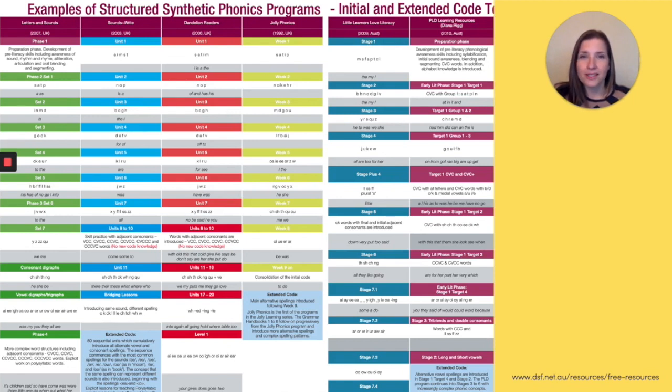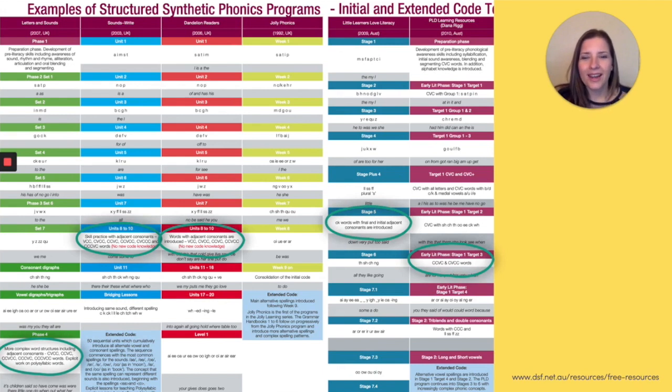So here's an example of several different phonics scopes and sequences, which this handout comes from the Dyslexia Foundation of Western Australia. This is downloadable on their site. And I've just circled where adjacent consonants or consonant blends, consonant clusters, come into the sequence.